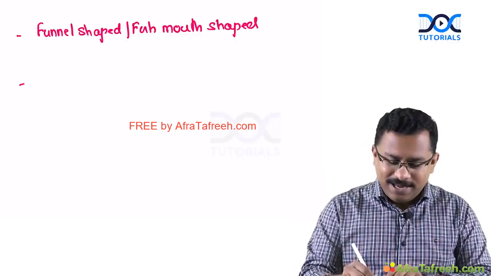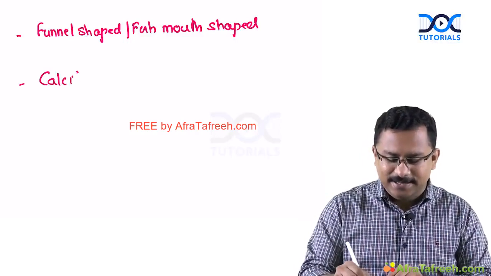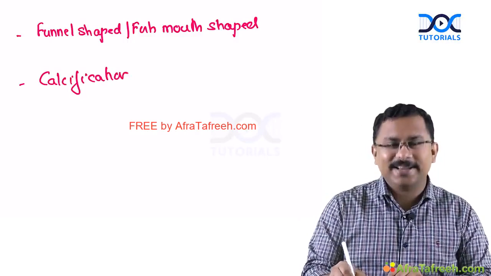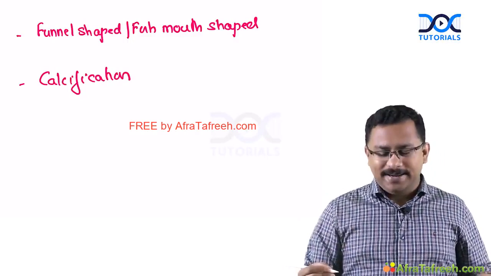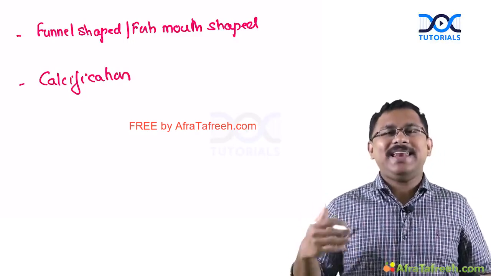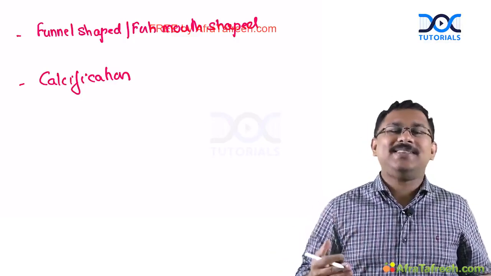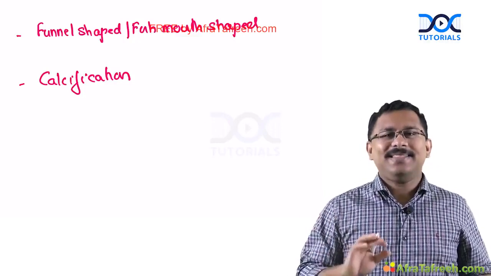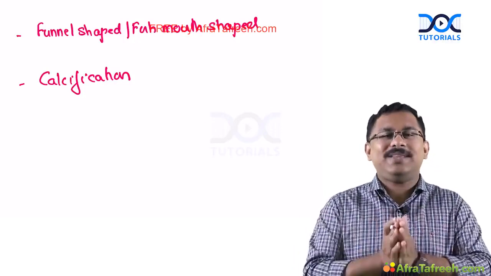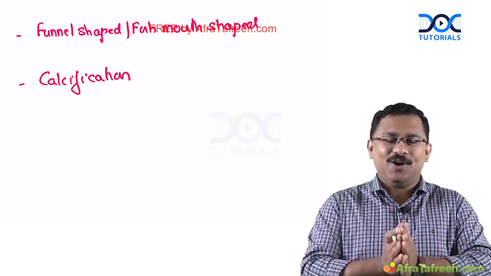So there can be calcification of the stenotic mitral leaflet, subsequently immobilizing the valve, which will accentuate the stenosis. That is very clear. So that is about the disease pathology.